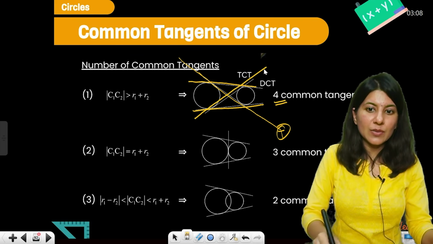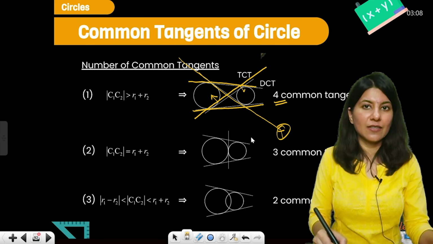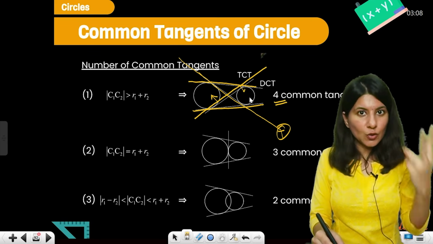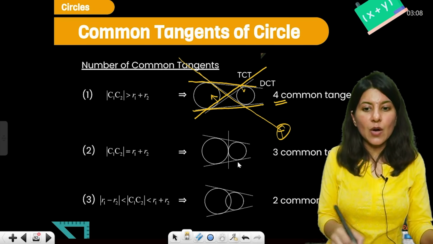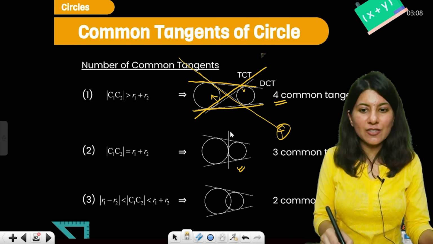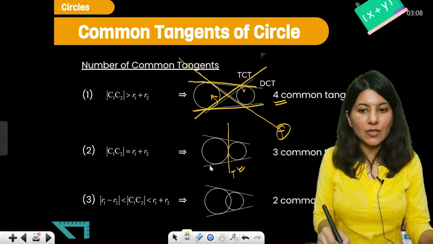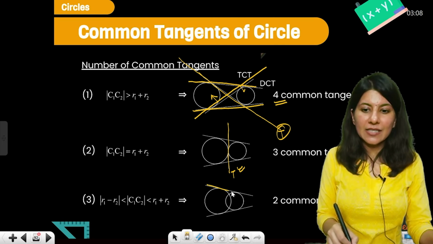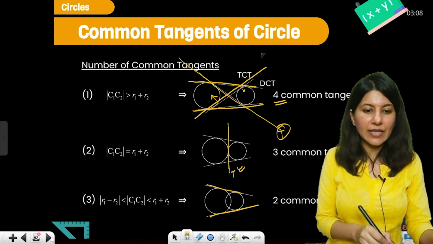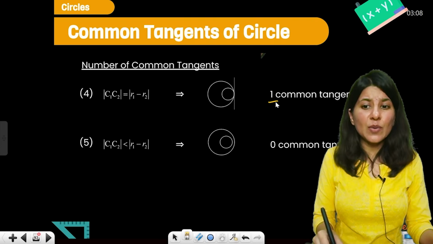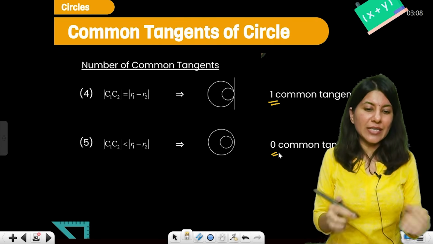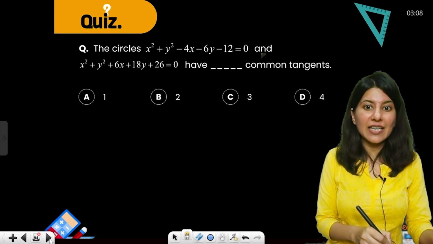So 2 direct, 2 transverse. In this case, 3 common tangents: 1 transverse and 2 direct. In this case, 2 common tangents, both direct. In this case, 1 common tangent, and then 0. So gradually the number of common tangents gets reduced.